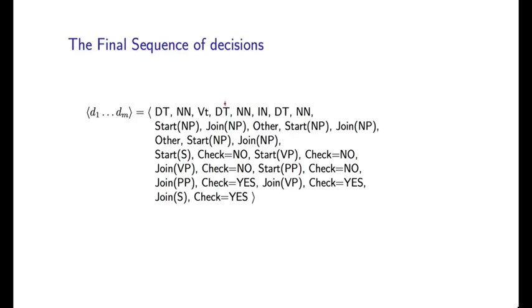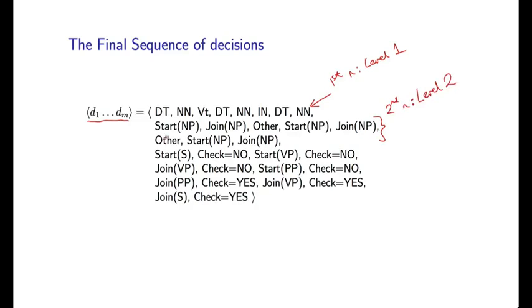So let's just go back to what we're trying to achieve here. Remember, the game is to try to come up with a sequence of M decisions which describes how the parse tree is constructed. The first N decisions are level 1. Those are the part of speech tagging decisions for each individual word. The second N decisions are level 2.